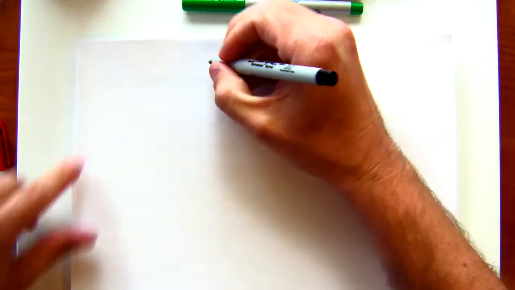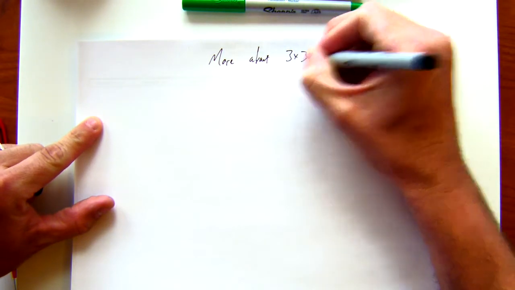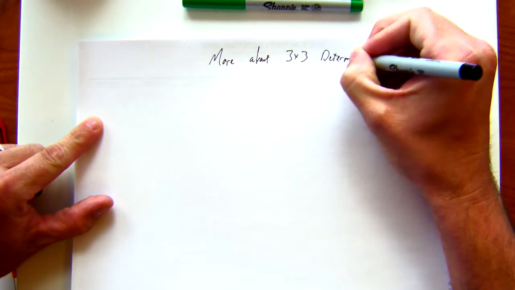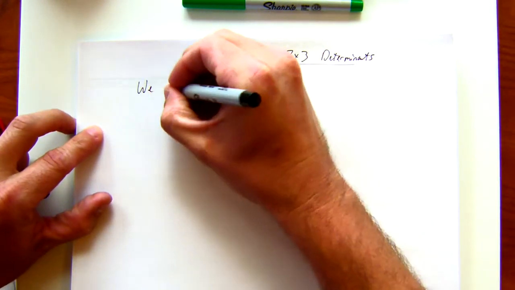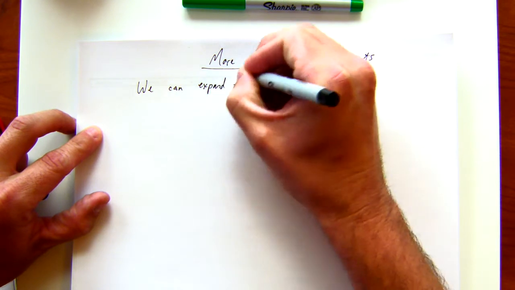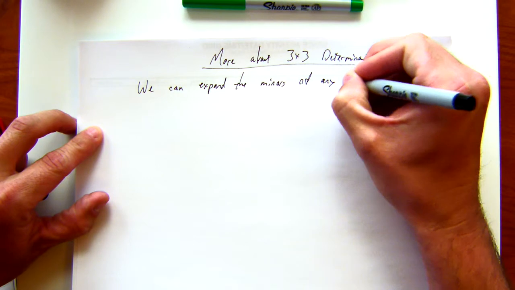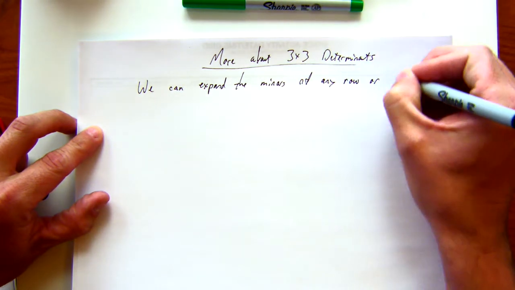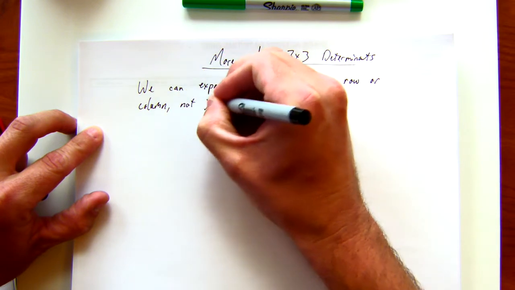So a little bit more about 3 by 3 determinants. We can expand the minors of any row or column, not just the first row.